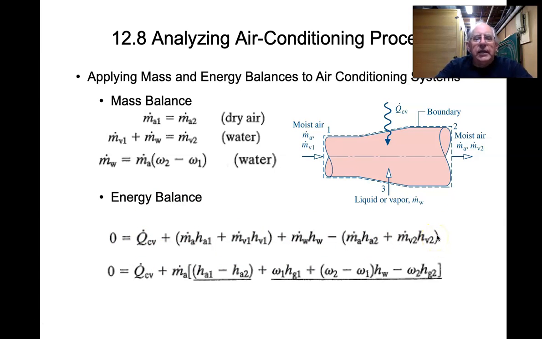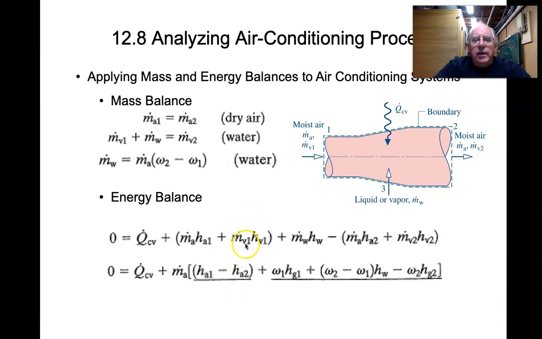Now, we can lump some things together. We've taken the m dot A out of this term and this term, and m dot A is multiplied by what's happening to the dry air enthalpy.